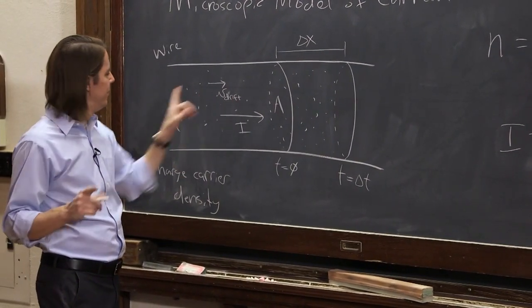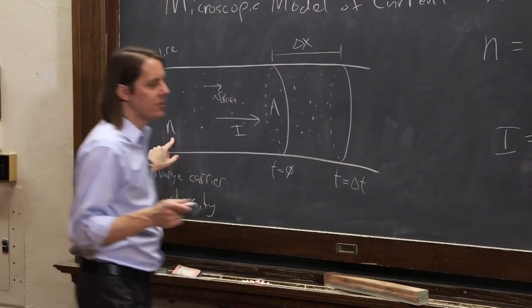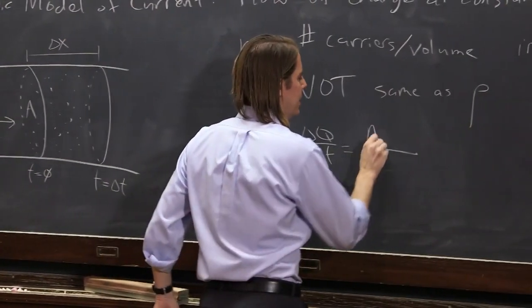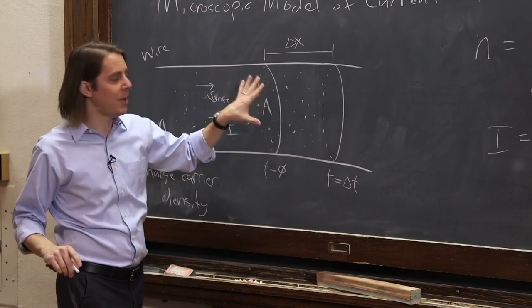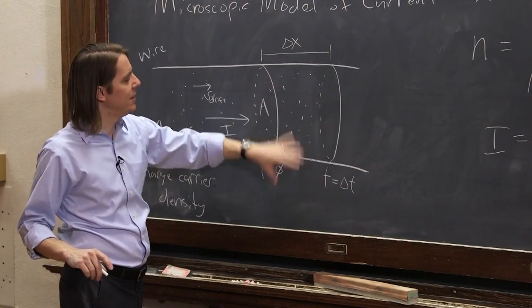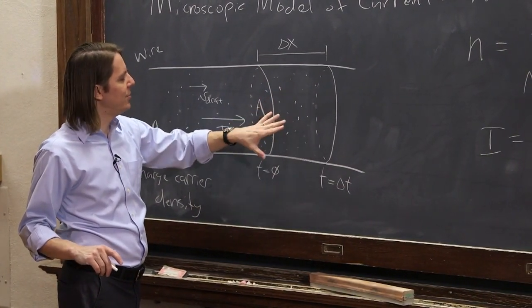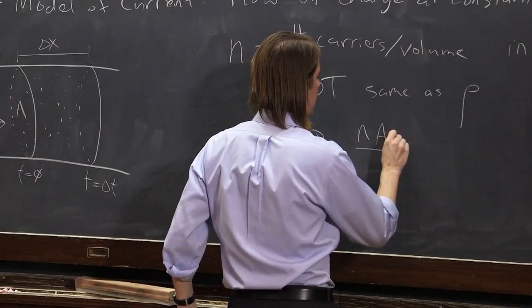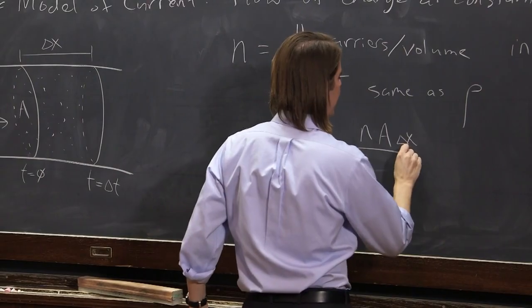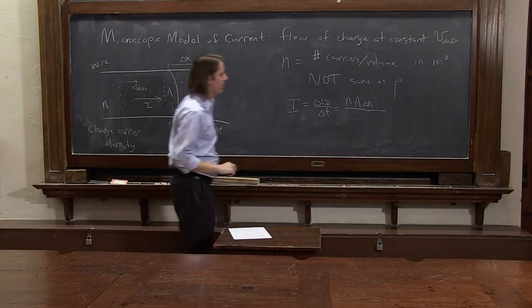It's the density of charge carriers, number of charge carriers per unit volume, n, times the volume of this thing, right? This is how many flowed by in delta t. So the volume of this is A times delta x. So A is the end cap and delta x is the length.